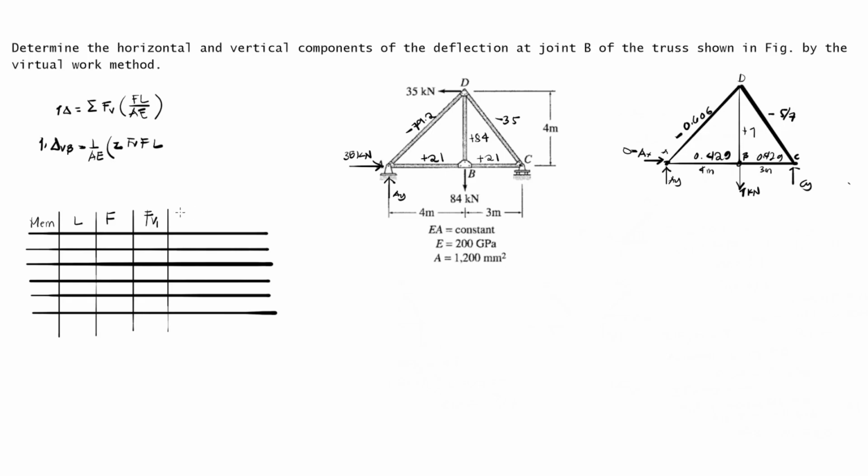Then, pwede natin kunin yung summation ng FV times F times L. Okay? So, ito yung mga member natin. Lagay lang natin dito AB, AD, we have BC, BD, and CD.